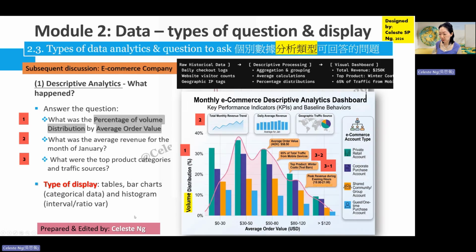The difference between a bar chart and a histogram is that we use a histogram if our data is interval or ratio in nature. In contrast, we will most of the time use a bar chart if our data is categorical. For example, sex: male, female; or fraudulent transaction, non-fraudulent transaction. That kind of categorical data.